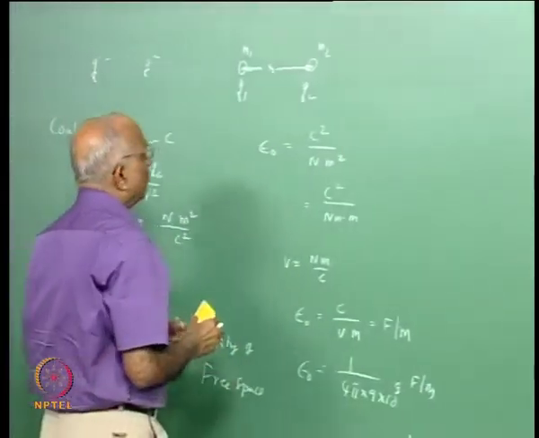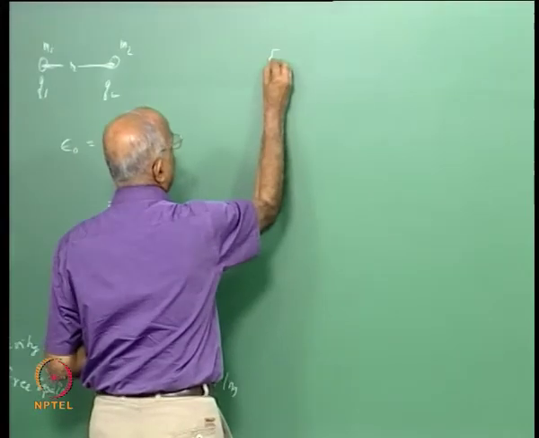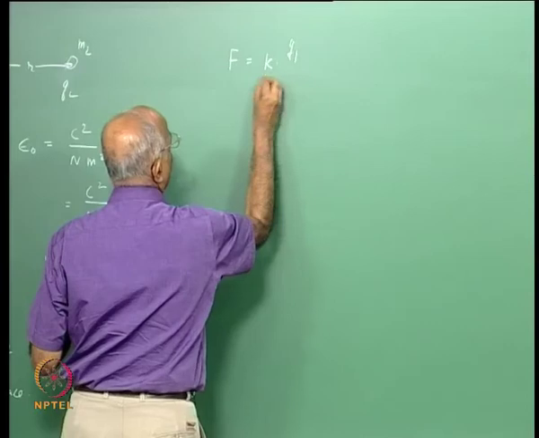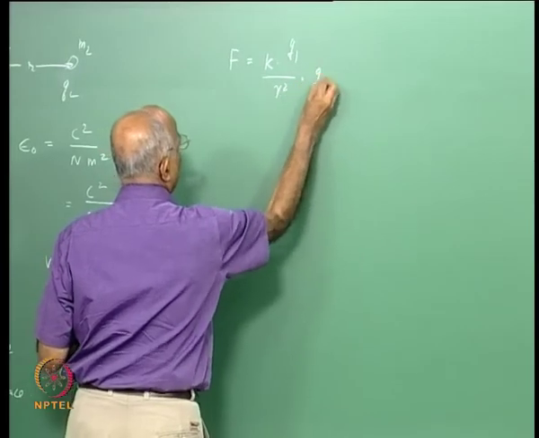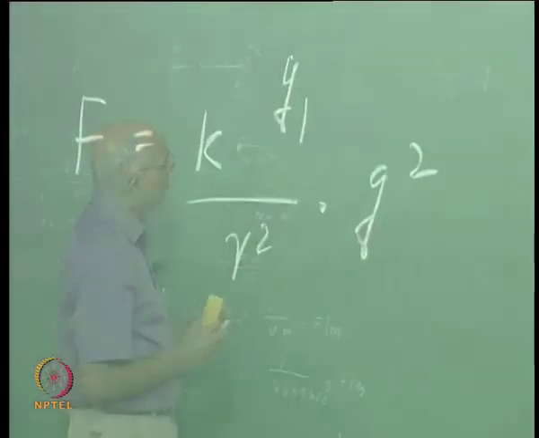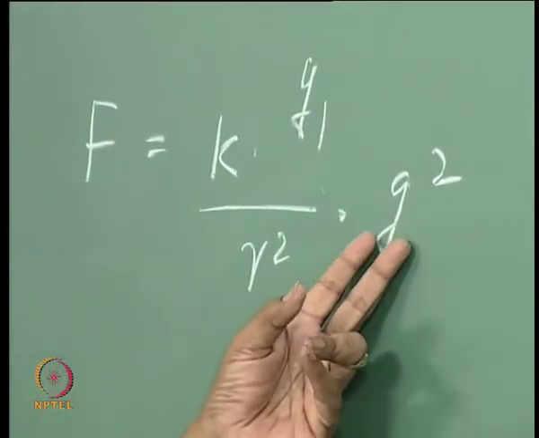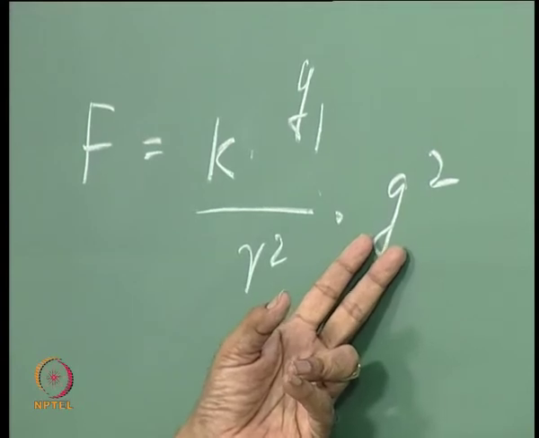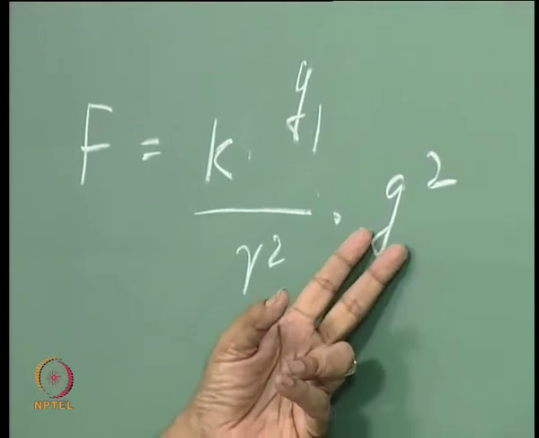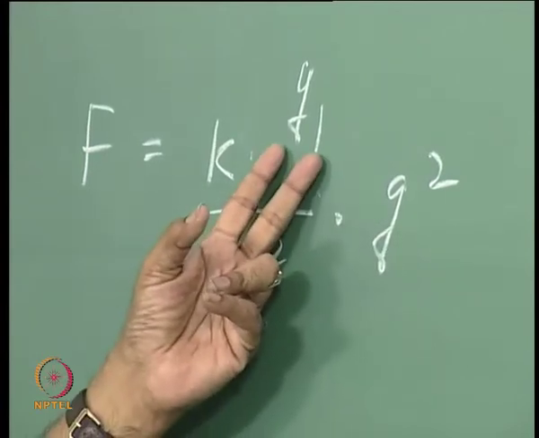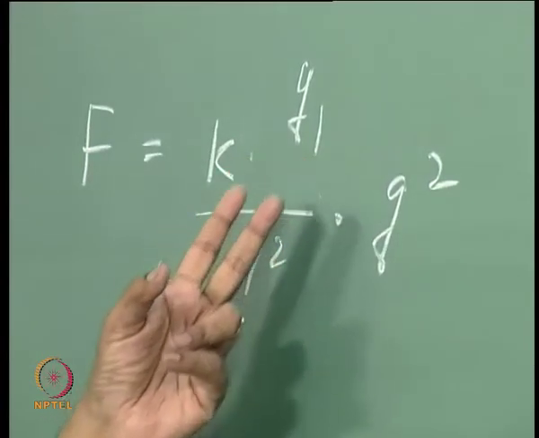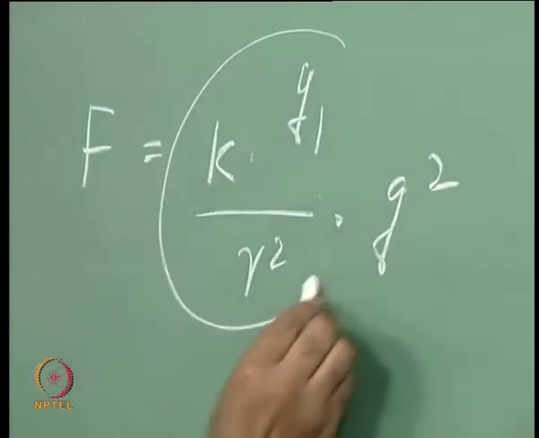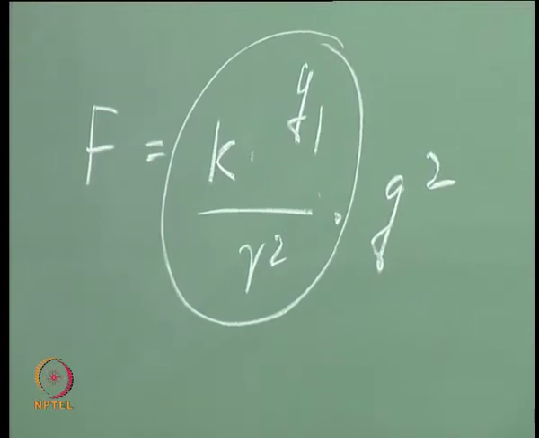Force is equal to, again we keep this as k into q1 by r square into q2, or rather now I am telling myself, supposing I were to put a charge q in an electrical field, I have still not defined an electrical field, in a field in which I have a charge already q1 available and at a distance r, and I say, well, this is something which tells me something like a field which is available.